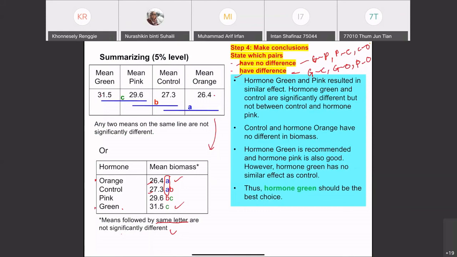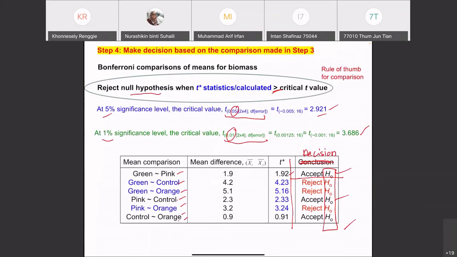Does it mean the same as your calculation or your decision over here? Orange and pink. Where's orange and pink? Oh yeah, orange and pink here. So you reject the null hypothesis, which means you accept the alternative hypothesis, where there is a difference between pink and orange.